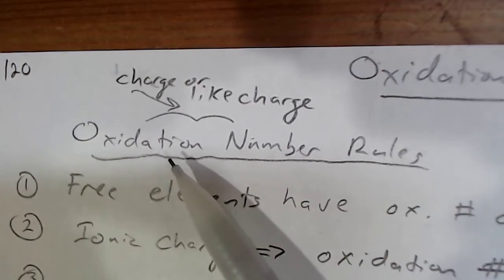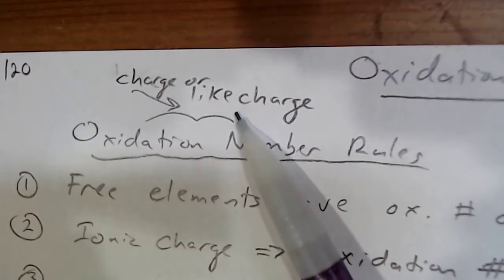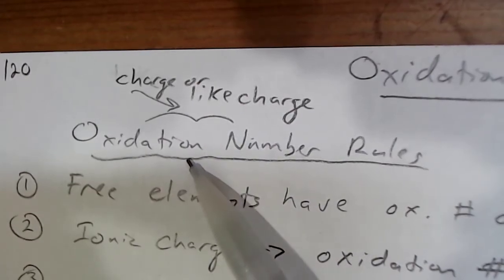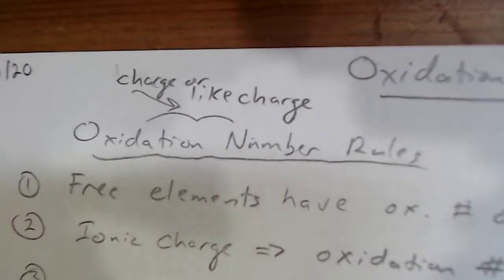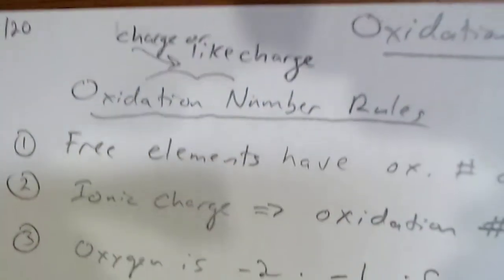But sometimes some things might be part of an ion, and so they might have some covalent bonds, so they might not have an ionic charge, but they have something like a charge, which is the oxidation number, which presumes electrons might go all the way towards the most electronegative element. Okay, more complicated than we need. Let's see how to calculate oxidation numbers.